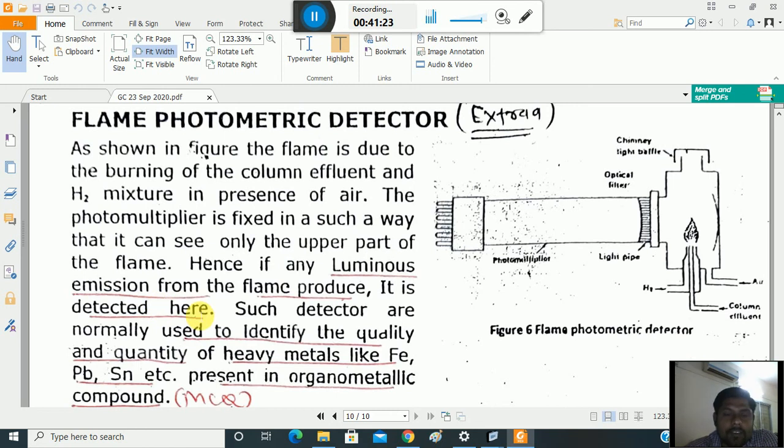If there is any luminescence produced in the flame, it is easily detected by the photomultiplier tube. Such detectors are normally used to identify the quality and quantity of heavy metals like iron, lead, tin, etc. in organometallic compounds. So that is all about gas chromatography. Those are also important for MCQ purposes.